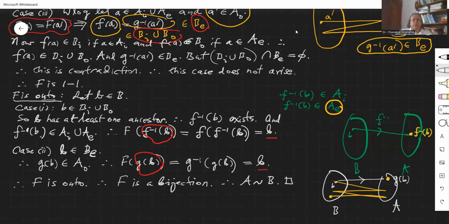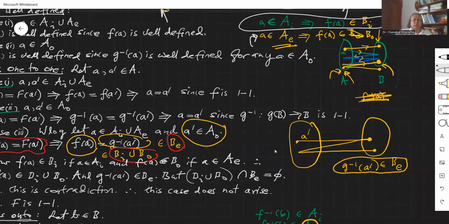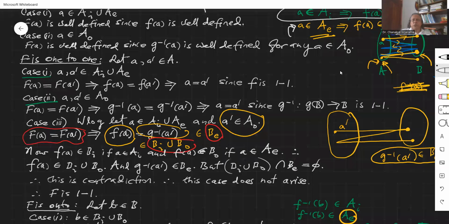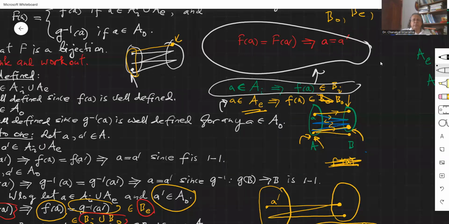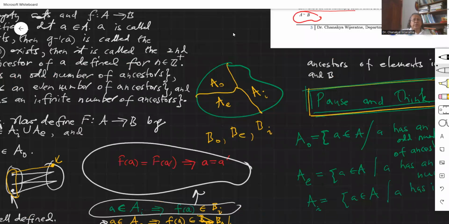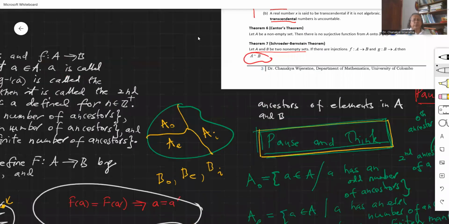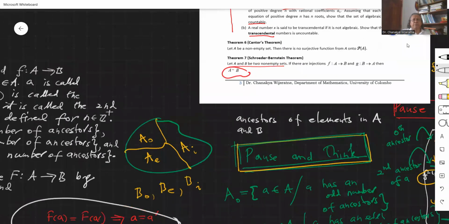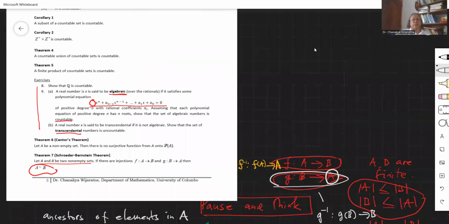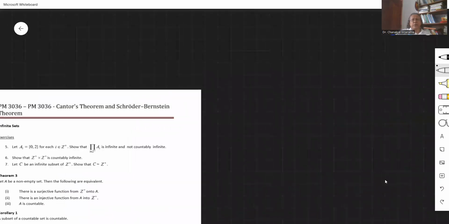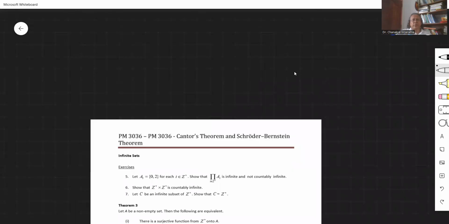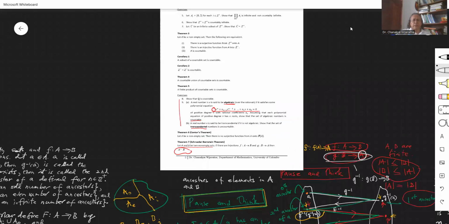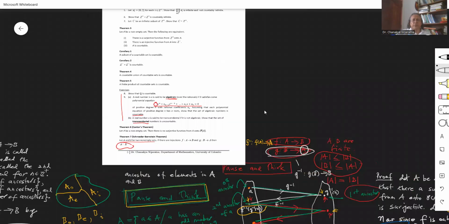And then you have some nice problems here, not exercises. So that means a little bit more difficult than exercises, and you should try them. Where are these problems?